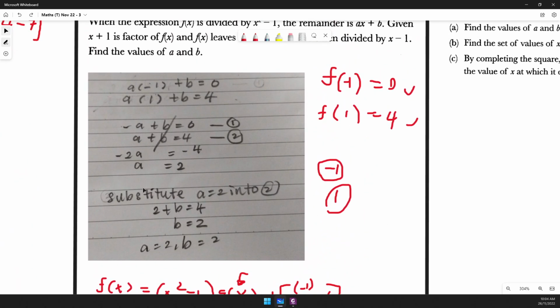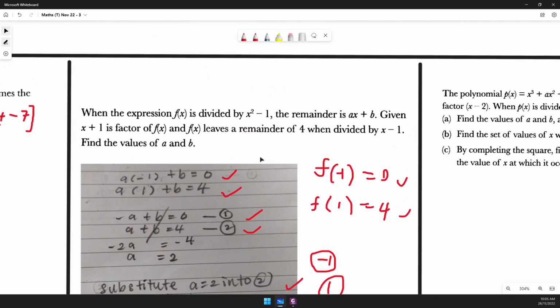Let's see what you did. You did the same. Okay, so this is correct. Substitute, okay, it's correct. I'm not saying it's wrong, but you can see it's a bit of a long question.